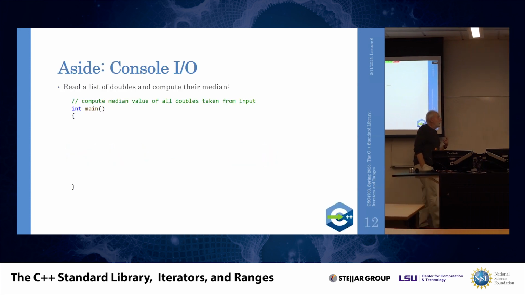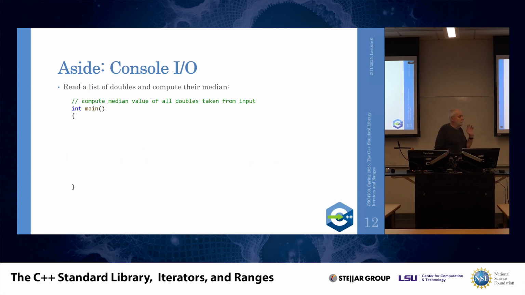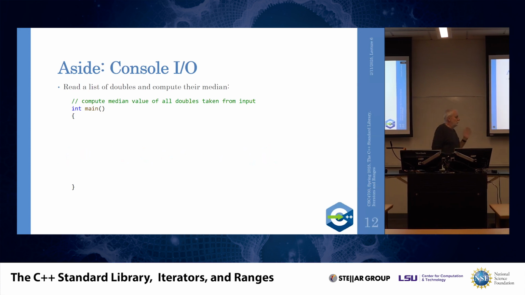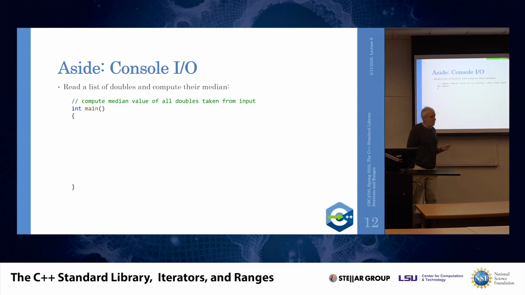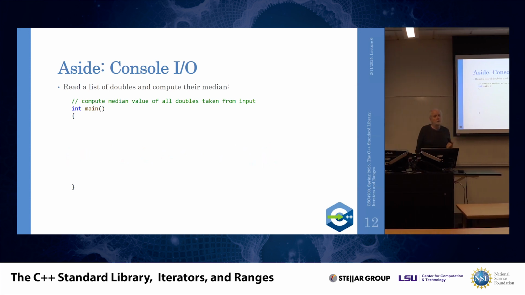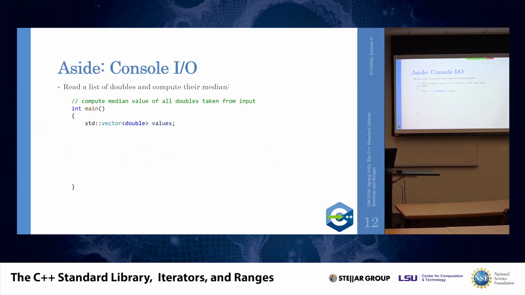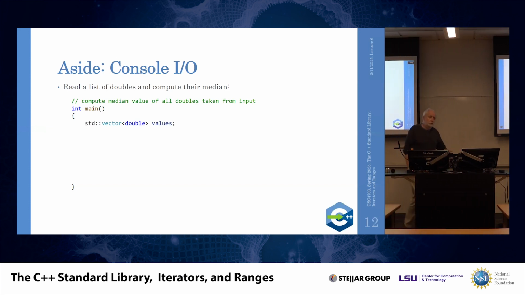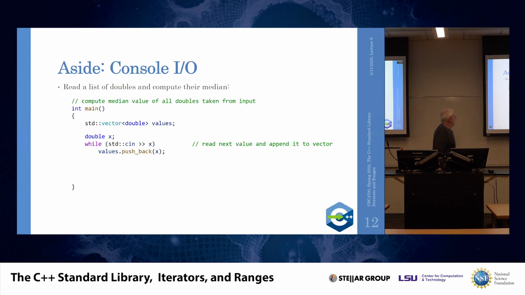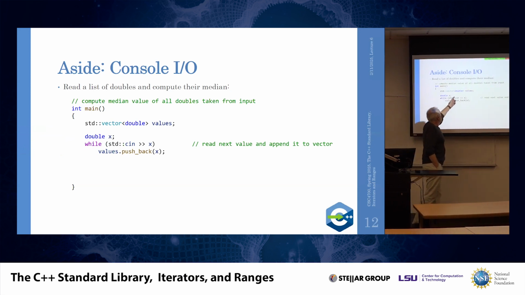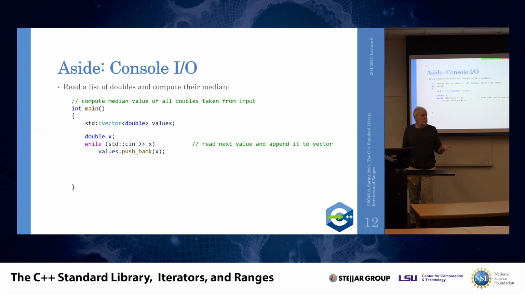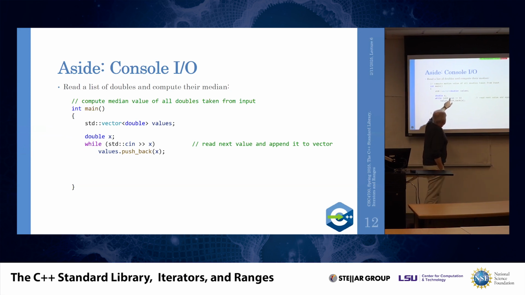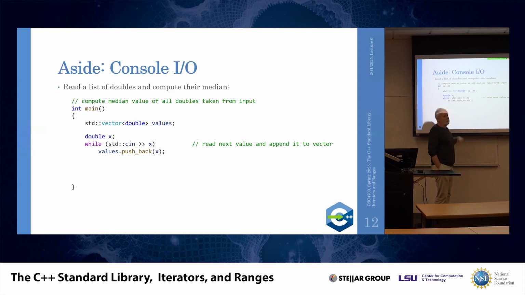Okay, so let's assume we want to read a list of doubles from the console, from the keyboard, and we want to compute the median value of those doubles we're reading. How do we do that? Well, we define a vector where we want to put those values into, the ones I'm reading from the console. I'm using a loop, and standard cin represents the keyboard. So the streaming operation, in this case a right shift operation, you can read that as use the console, and whatever the console provides you with, move into the variable x.